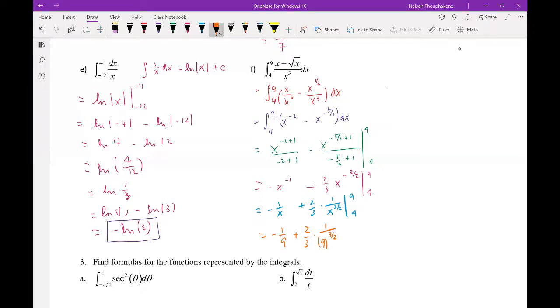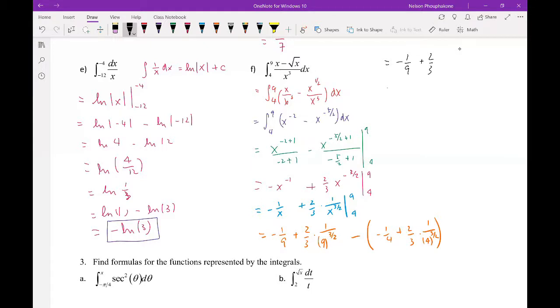Okay, and then minus -1/4 plus 2 over 3 times 1 over 4 raised to the power of 3/2. Then now I will have -1/9 plus 2 over 3.